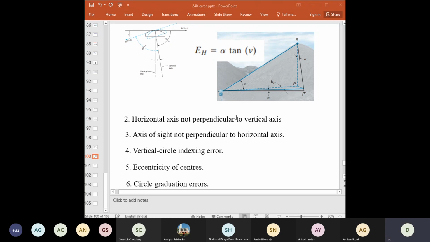Okay, so from this equation, EH equal to alpha tan nu, nu is the altitude angle of point S, which is being observed. For the observation of any horizontal angle, if the altitude angles for both the backsight and foresight are nearly the same, the resultant error in the horizontal angle becomes negligible.